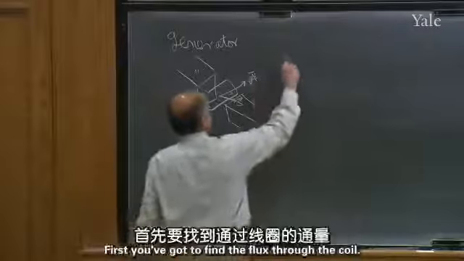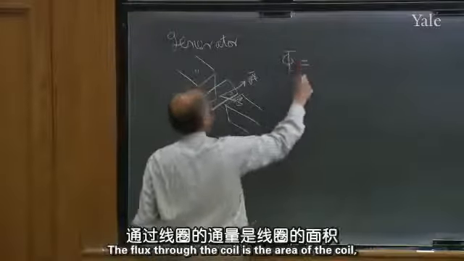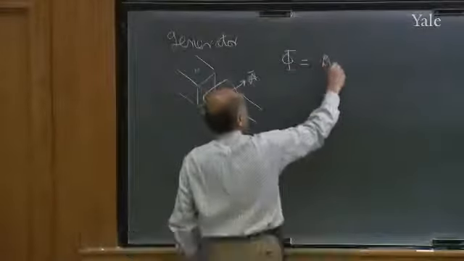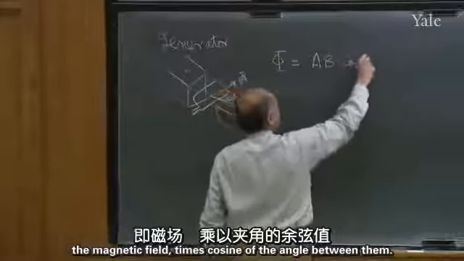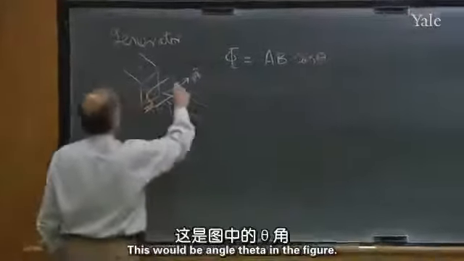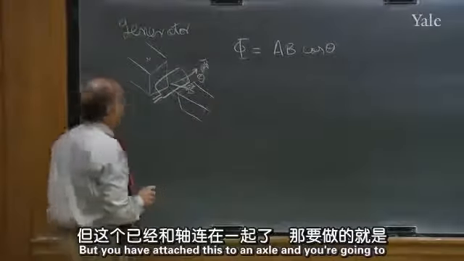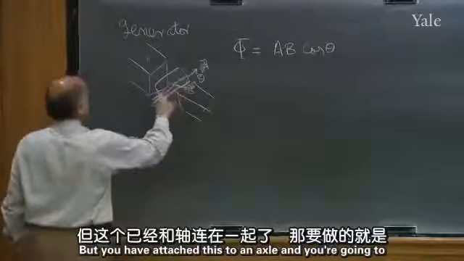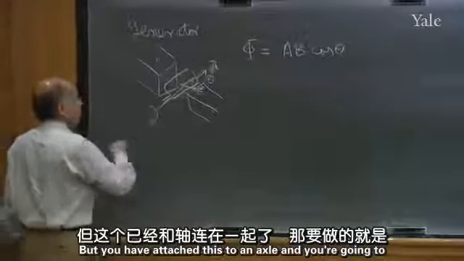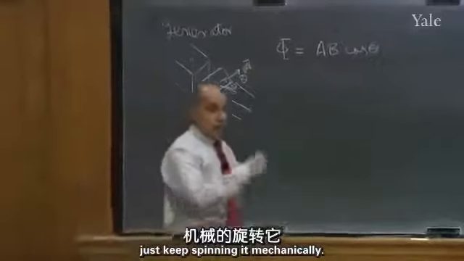So what is the EMF? First, you've got to find the flux through the coil. The flux through the coil is the area of the coil, the magnetic field, times cosine of the angle between them, which would be this angle theta in the figure. But you have attached this to an axle, and you're going to just keep spinning it mechanically.